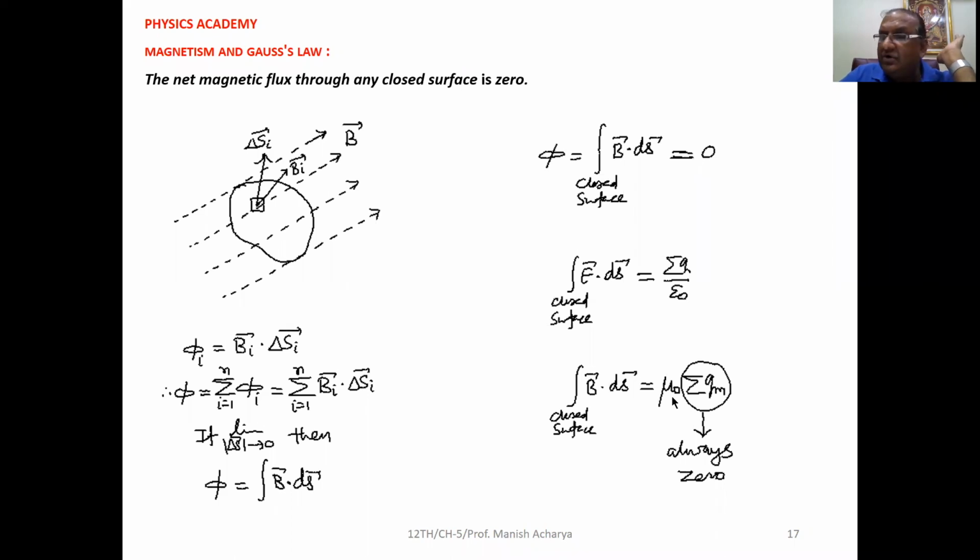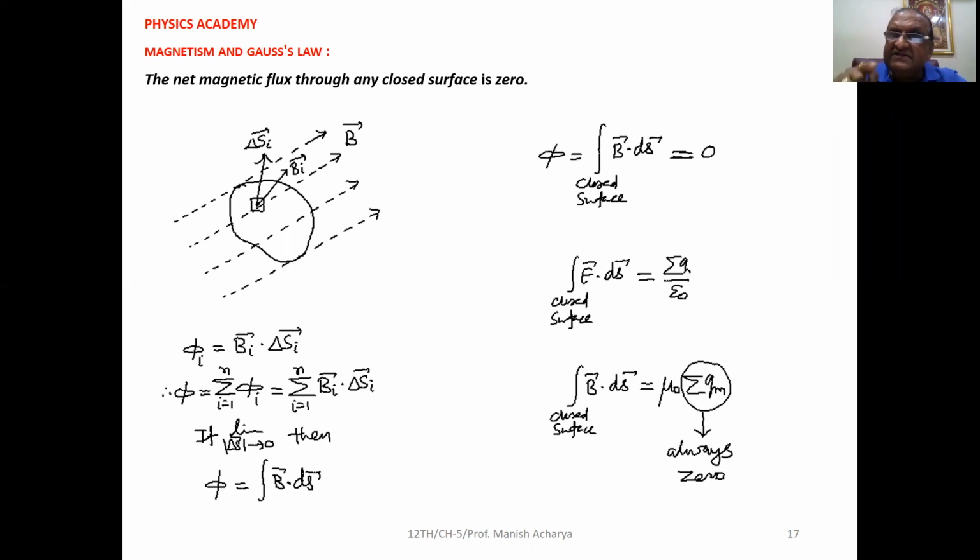Mu 0 is not equal to 0. It implies that sigma qm, the net magnetic charge enclosed by the Gaussian surface, is equal to 0.